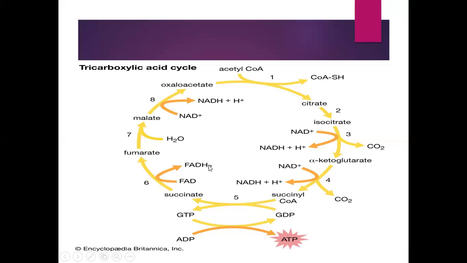It produces an FADH2 molecule and fumarate. And fumarate is hydrated to form malate. And malate is converted back to oxaloacetate with the production of NADH. And oxaloacetate condenses again with another molecule of acetyl-CoA produced by the decarboxylation of pyruvate. And then the cycle continues to produce energy.